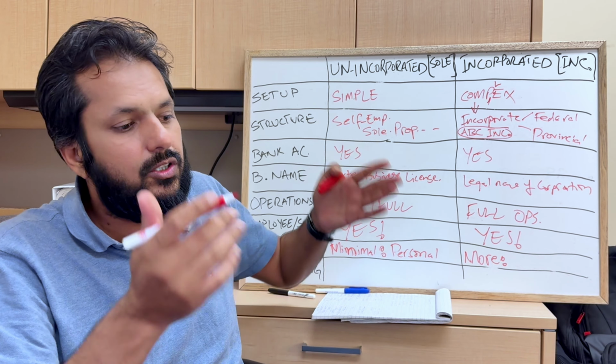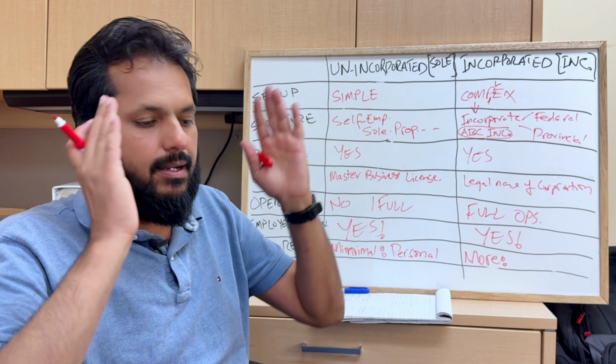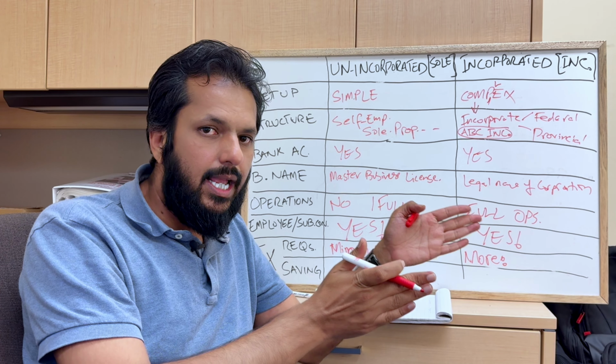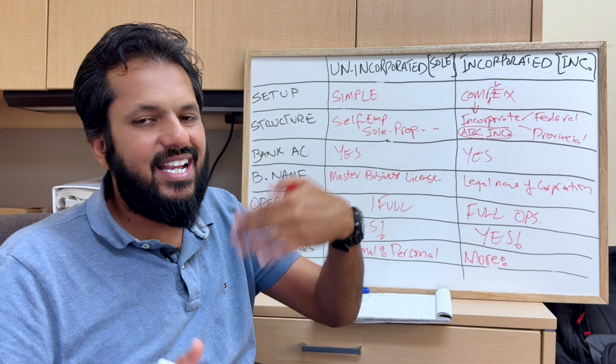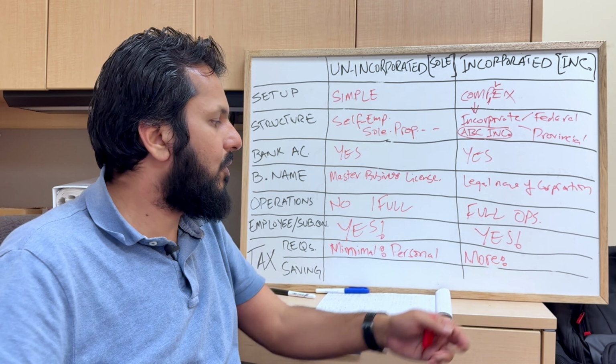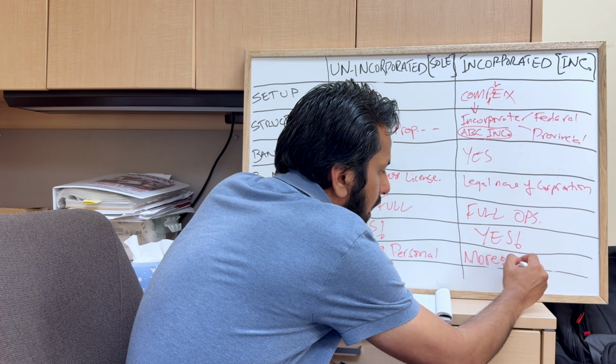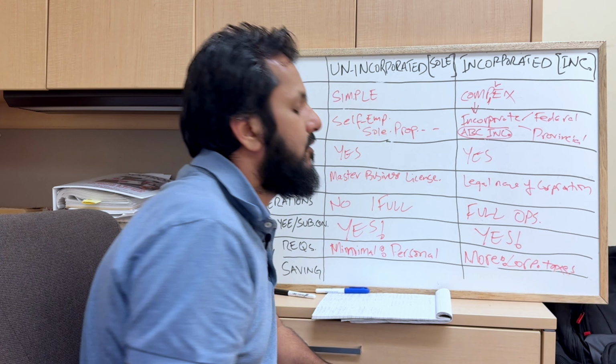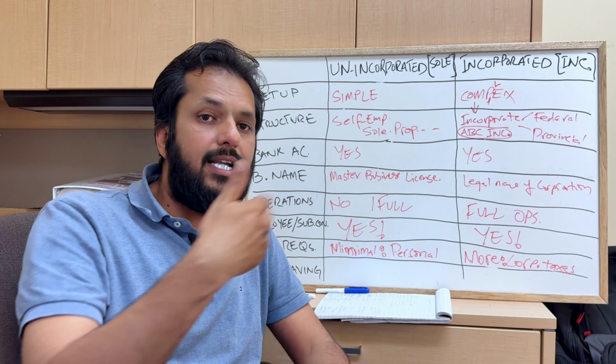So you have to manage taxes for the corporation and then for yourself. So it's an extra burden. That's why I wrote more, because you have to take care of the corporation-related taxes.